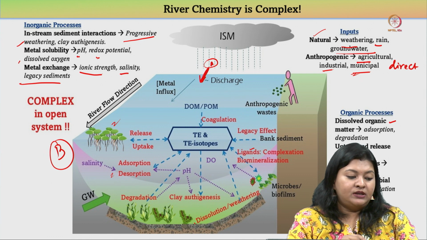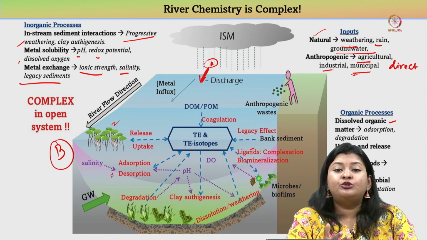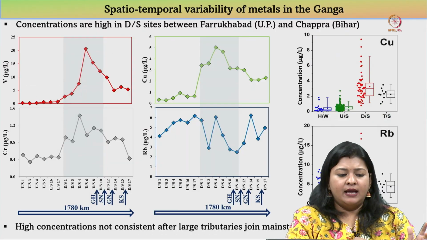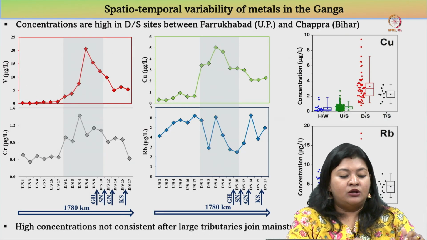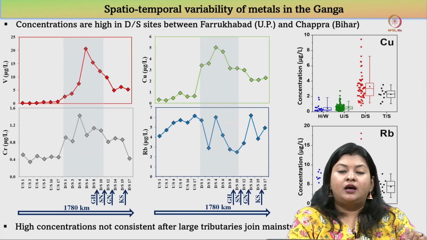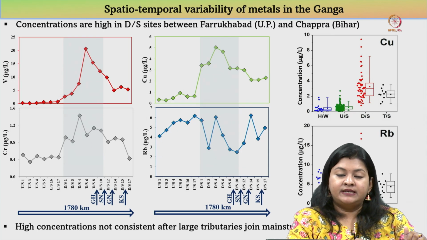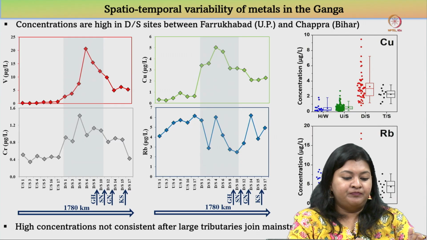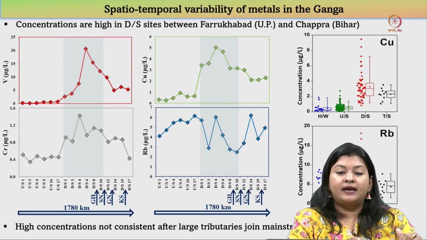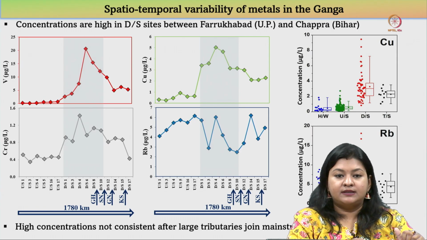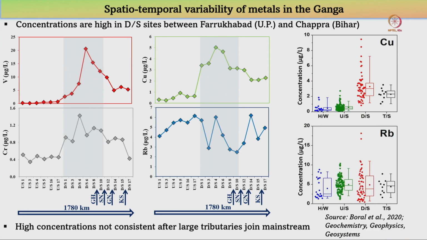Now, when we look into river data, how does river data look? I am going to show you an example of data from the Ganga river, the river that I studied during my PhD. In this figure, I have plotted only 4 elements, and these elements are very specific: vanadium, copper, chromium, and rubidium.